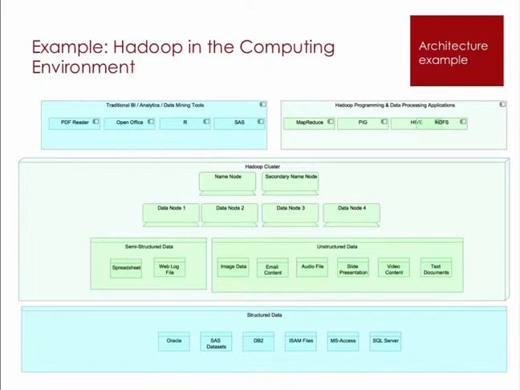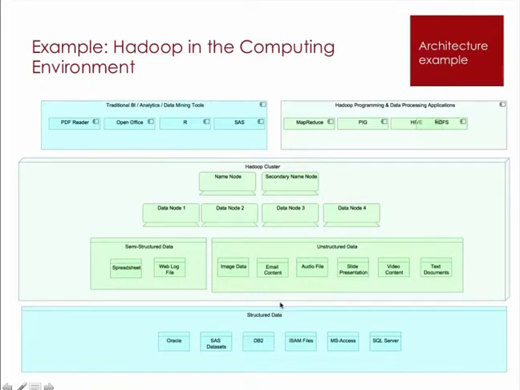Traditionally, as you see here on the top, they would have applications that are very common in every company, like SAS, a statistical analysis tool, R, another statistical open source tool, OpenOffice, PDF readers. There are lots of data mining tools and reports. Everyone has not been mentioned here. Just as an example, I've put in some over here, but these are analytical tools that help you to create reports and analyze data, right?